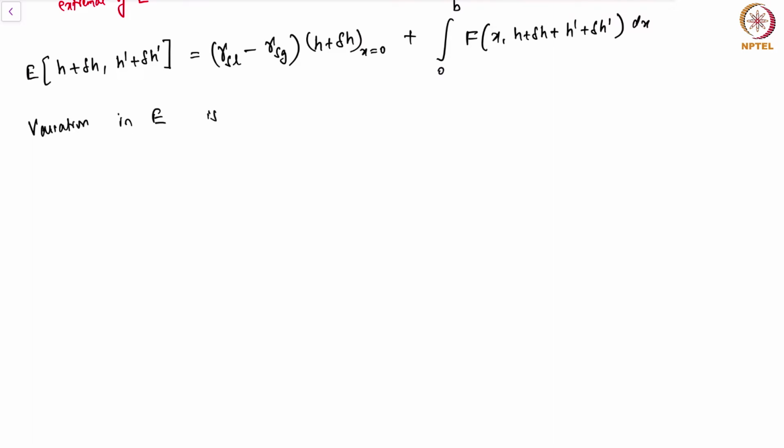Variation in E is given by, let's call it delta E. How do we get this delta E? What we do is we take a Taylor series expansion of E about h of x and h prime of x. Okay, let me write that down.